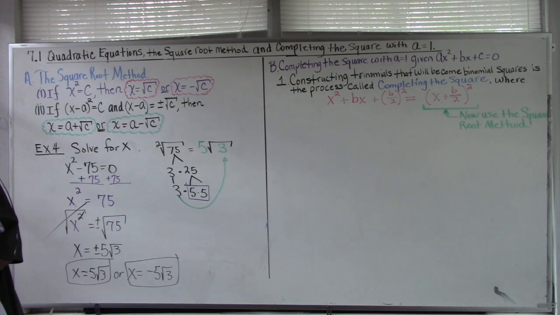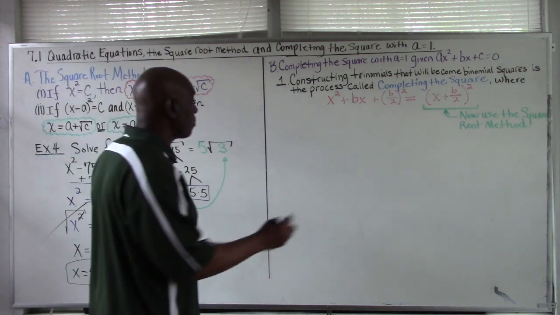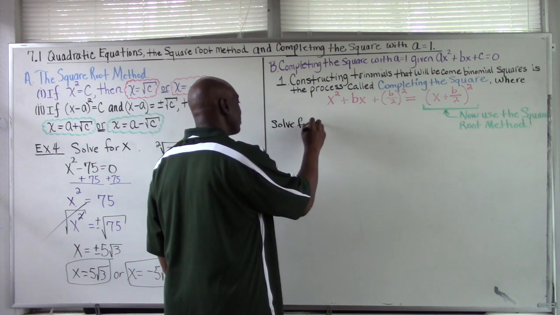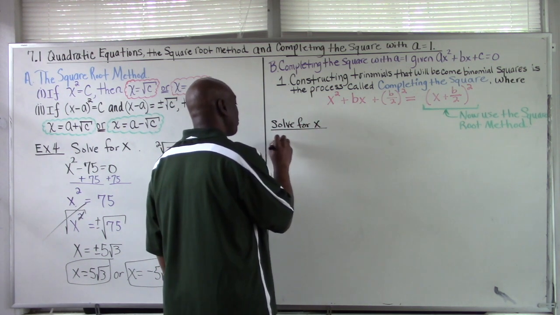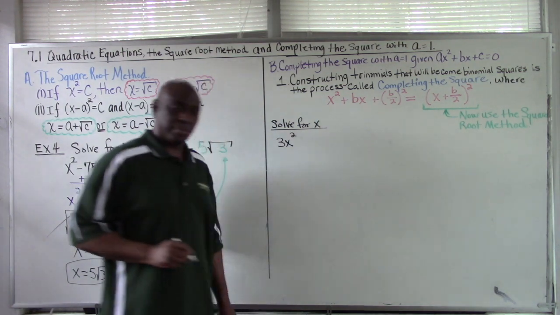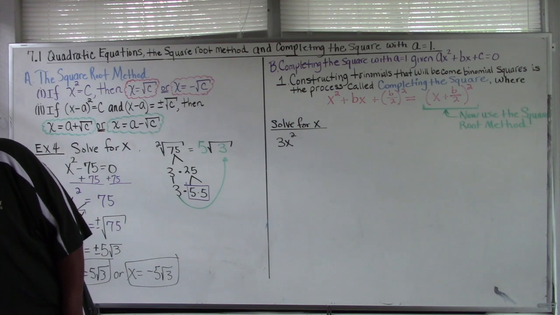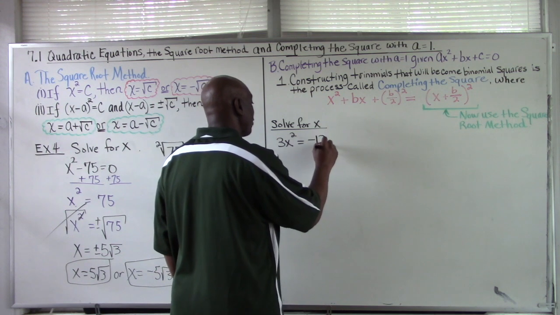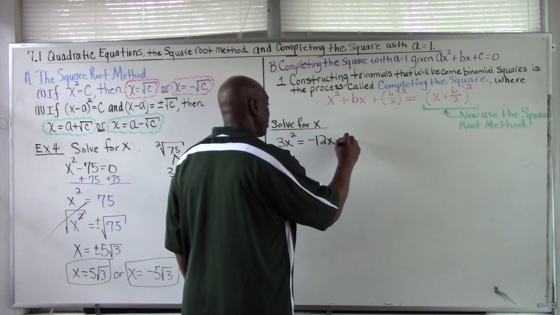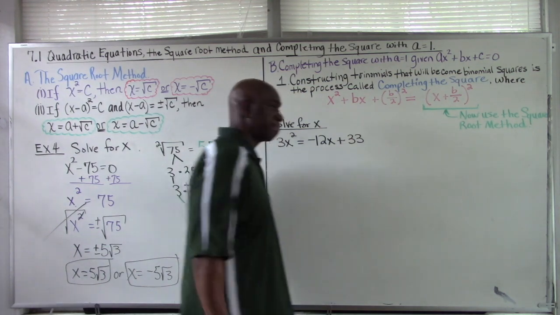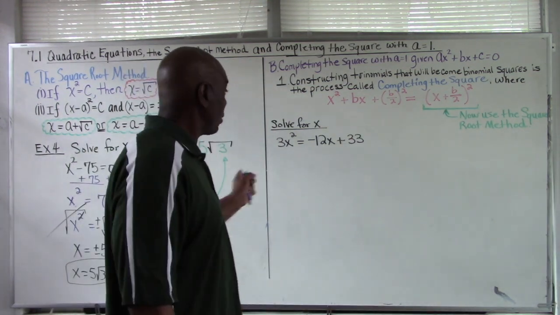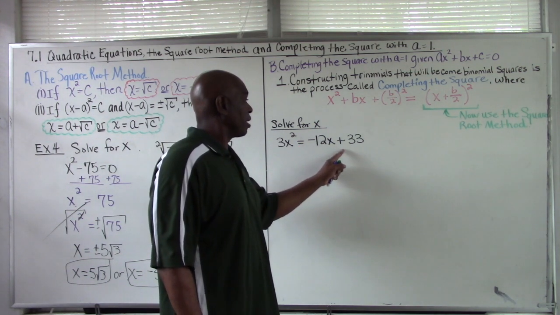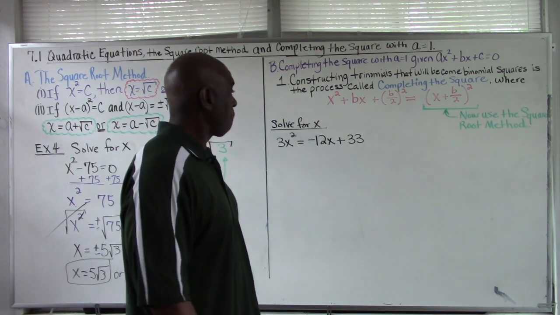Let's say, solve for x: 3x squared equals negative 12x plus 33. Okay? Let's work on that.